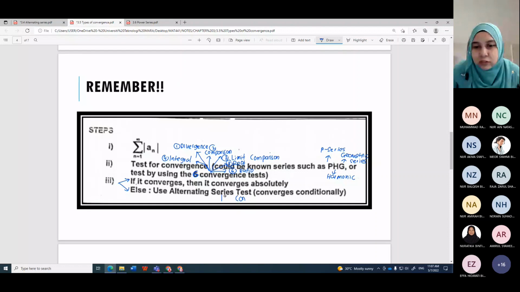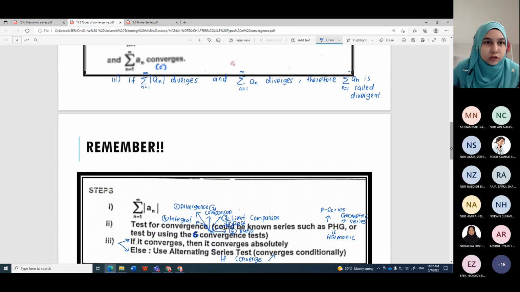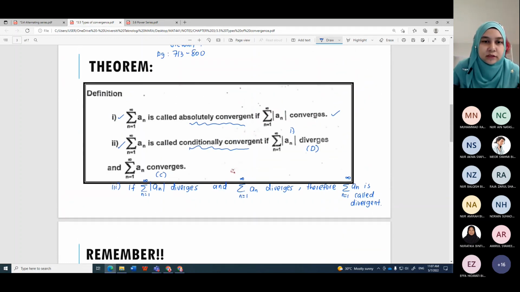If converge, so it is converge conditionally. If diverge, so it is divergent. So ni steps untuk theorem ni lah, yang 3 ni.